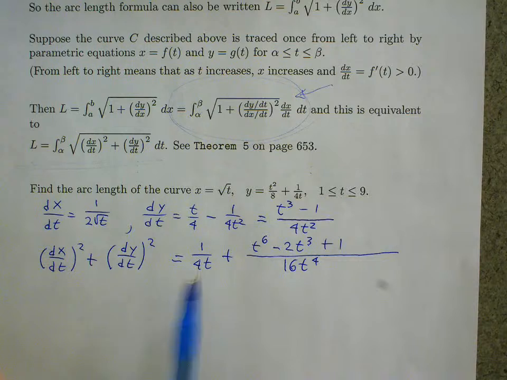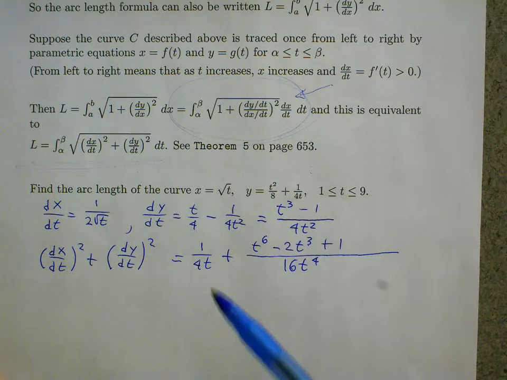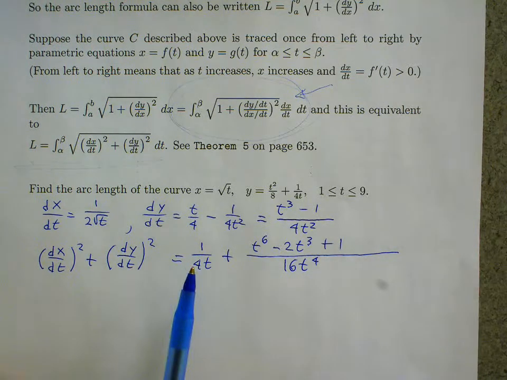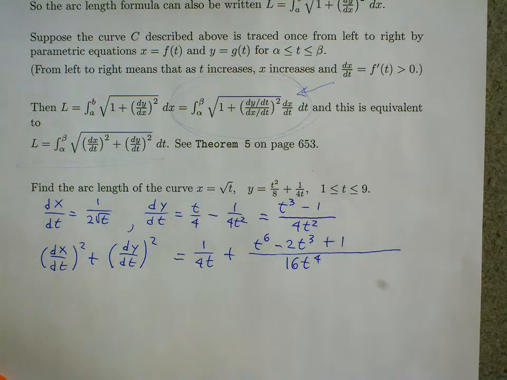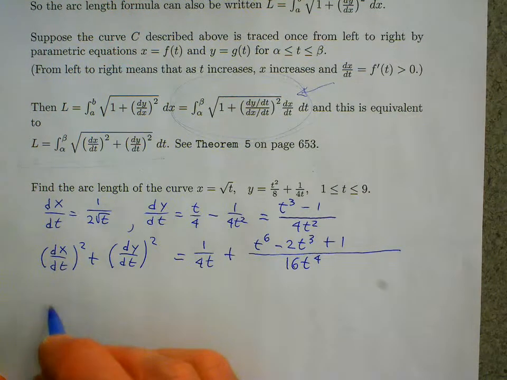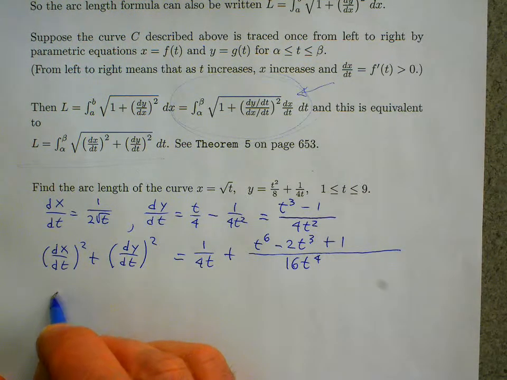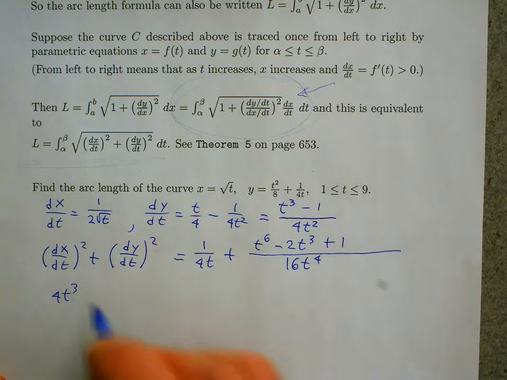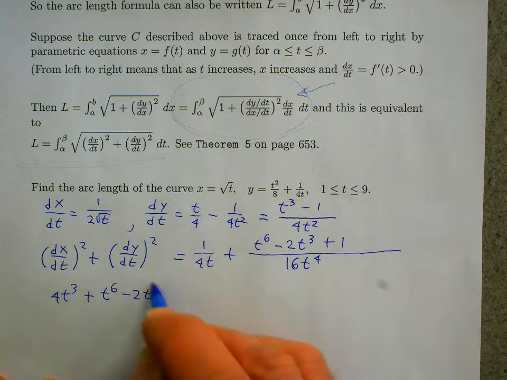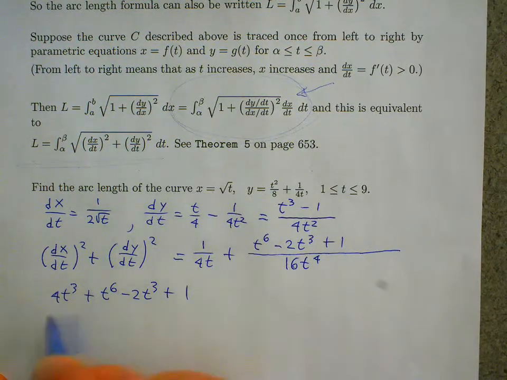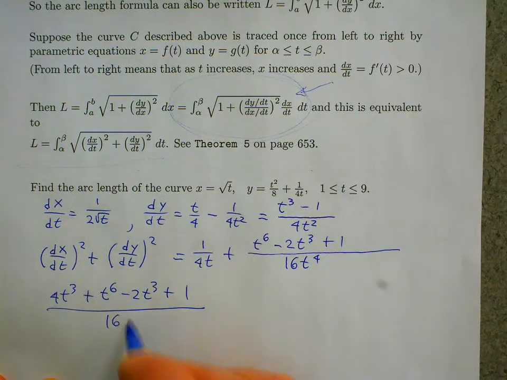So if I multiply 1 over 4t by 1 in the form 4t cubed over 4t cubed, then we'll have a common denominator. We get 4t cubed plus t to the sixth minus 2t cubed plus 1 all over 16t to the fourth.